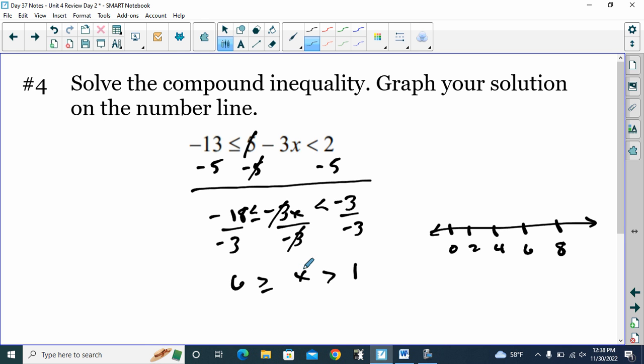My x needs to be bigger than the 1, so my shading needs to be bigger than the 1, but smaller than the 6. Both bigger than 1 and smaller than 6 is in between the two. Open circle on the 1, closed circle on the 6.